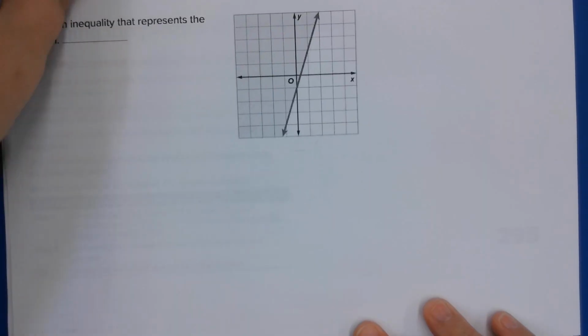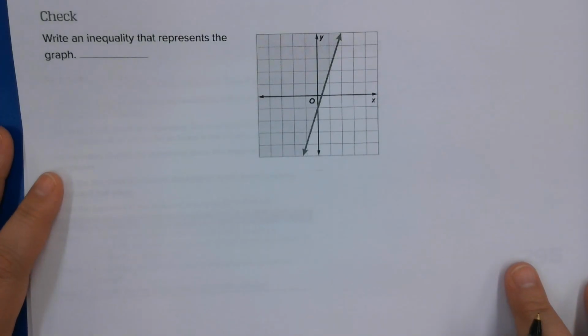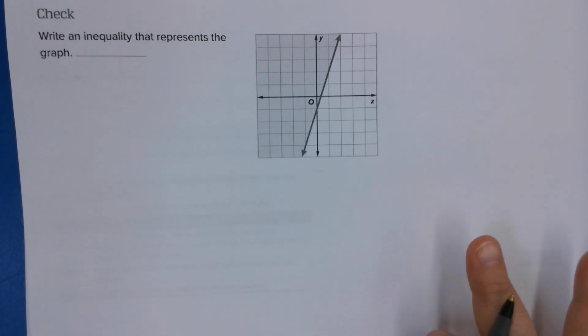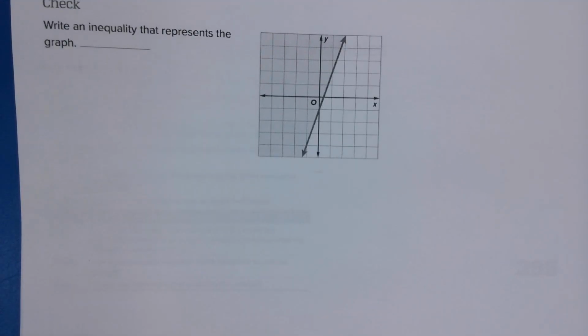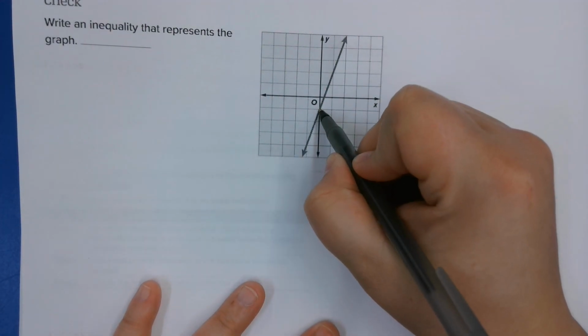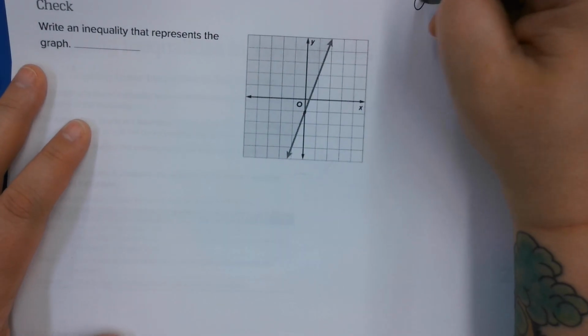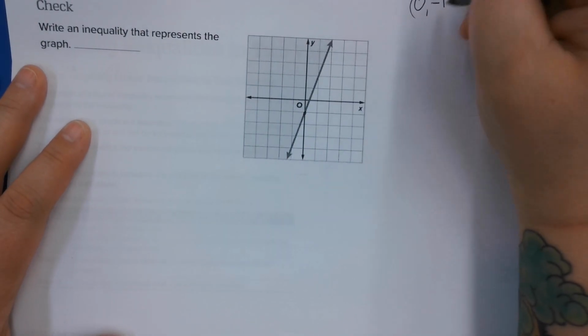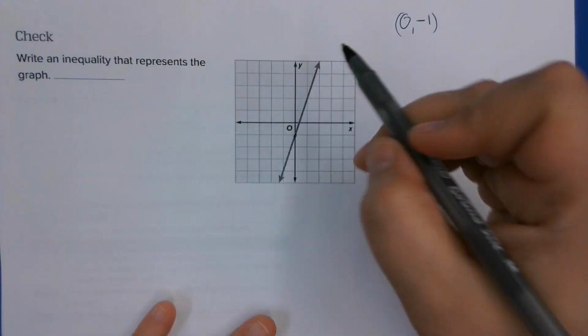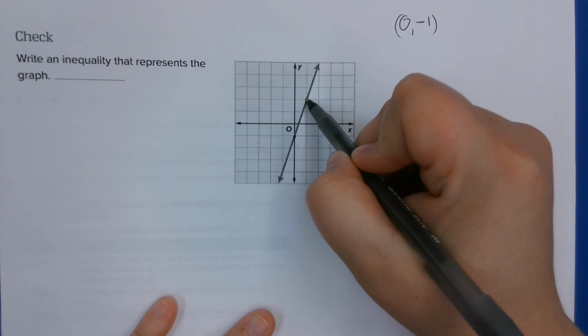Lastly, you have a check where you're going to try this on your own. Try that check now. I can see here that I have a point right here, which is 0, negative 1. I need another point. I see a point right here.